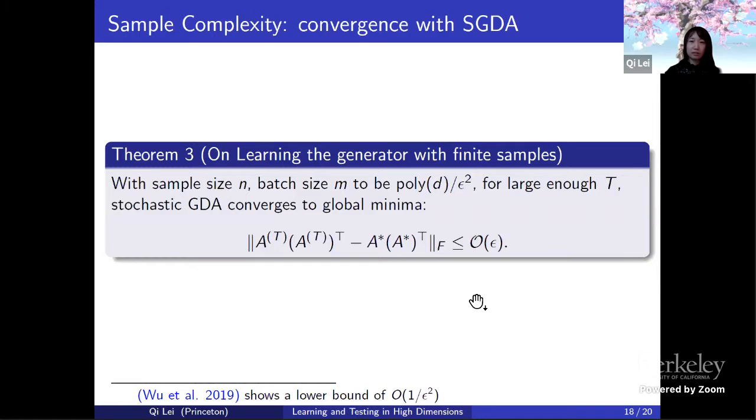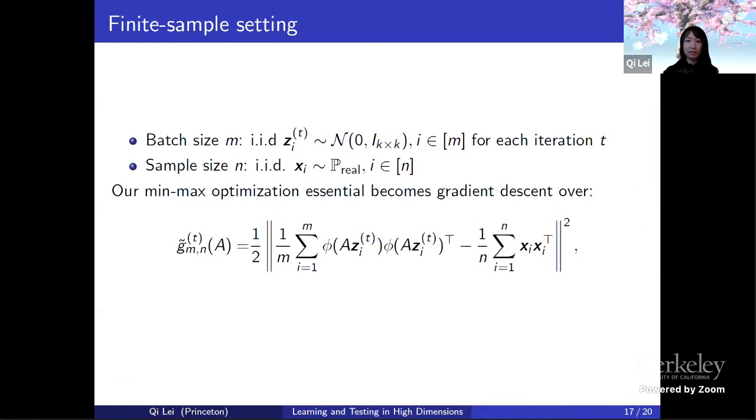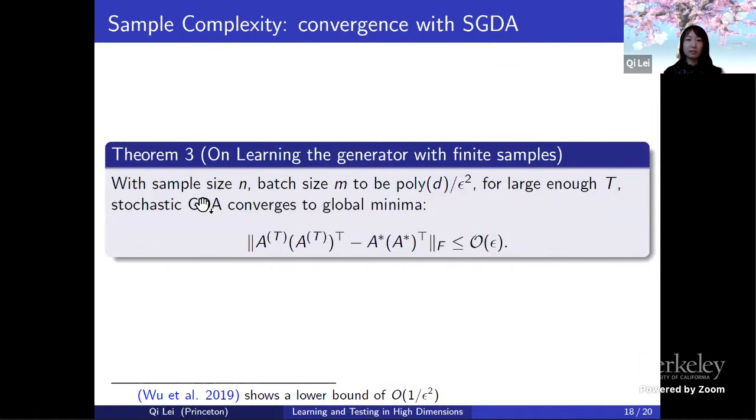With this form, we can also show that with sample size n and batch size m large enough, poly(d) over epsilon squared, then for large enough T, stochastic gradient descent ascent also converges to the global minimum point, and the learned A_T A_T transpose will be close enough to A star A star transpose.